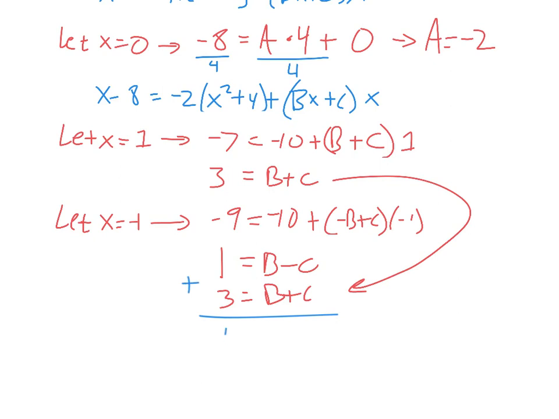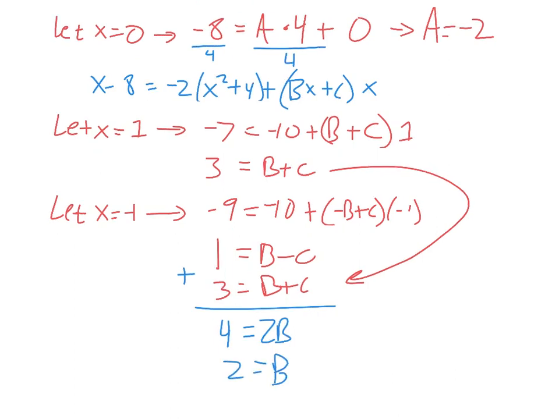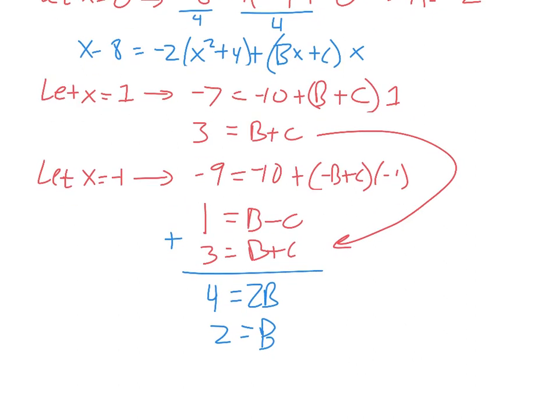And so if we add the equations, 4 equals 2b, and the c's cancel, so b is 2. And we can substitute that back in there. And that gives us 3 equals 2 plus c. So c is 1.